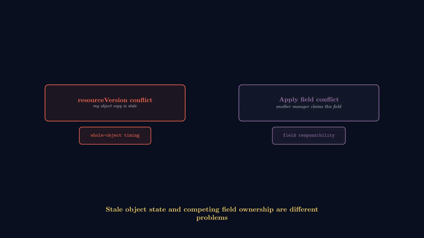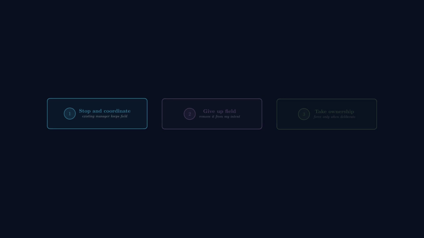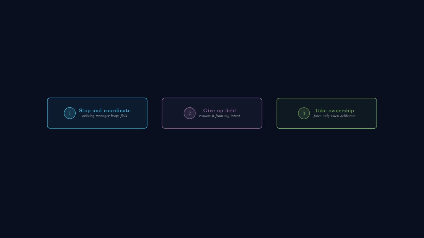When Kubernetes reports an apply conflict, it means two workflows are trying to change the same field. We should not simply force our change through. First, we should check which workflow is supposed to manage that field. If the other workflow should remain in control, we leave it alone. If our workflow should take over, we do that intentionally. So the conflict is really Kubernetes telling us two managers are trying to control the same field.